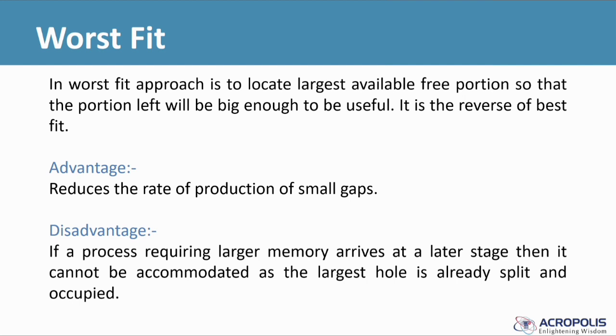For example, if we allocate a smaller process in a larger partition, and then a larger process comes at a later stage, we may not have enough memory partition available to accommodate it, as we have already used the larger section.